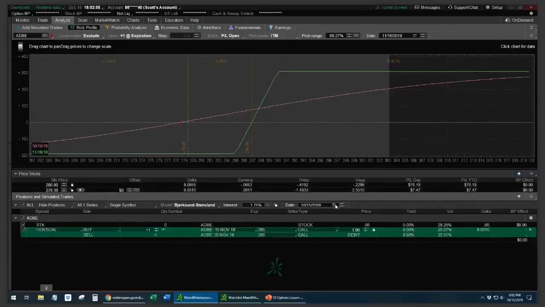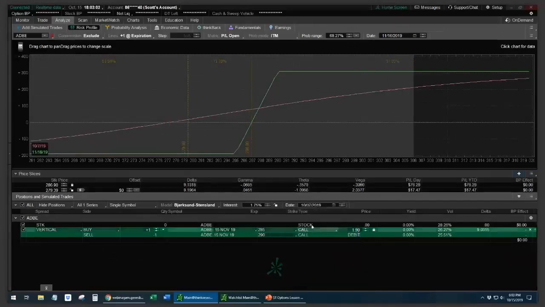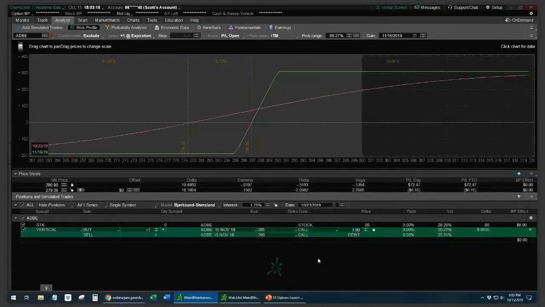If we did it back last week, that's our theta from the purchase, minus 1.04. And if we go to today's valuation, no change in the stock, we're now a minus 2 theta.